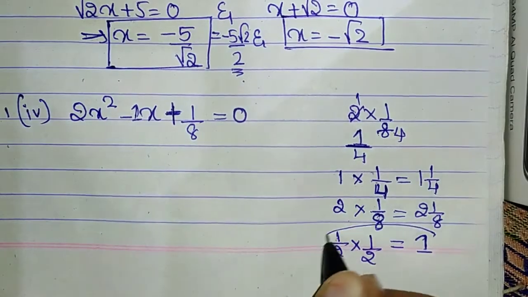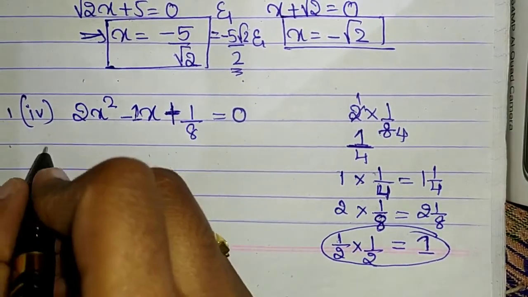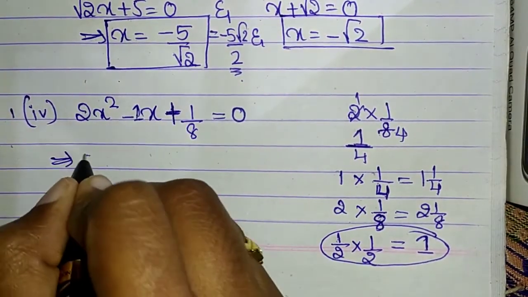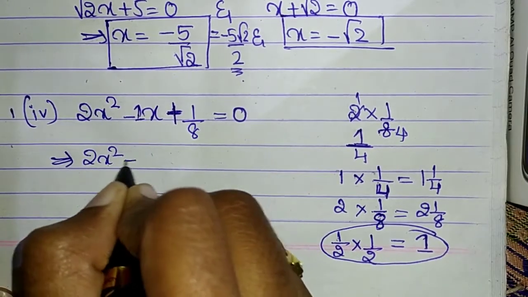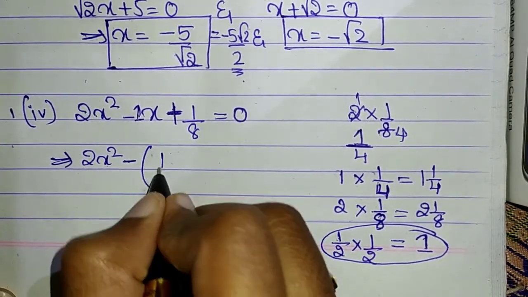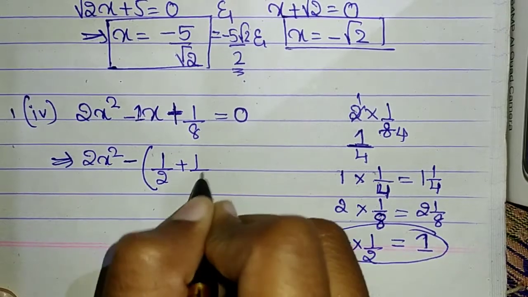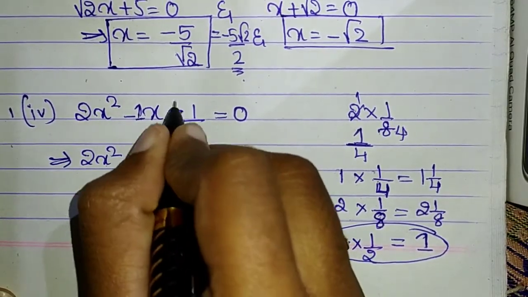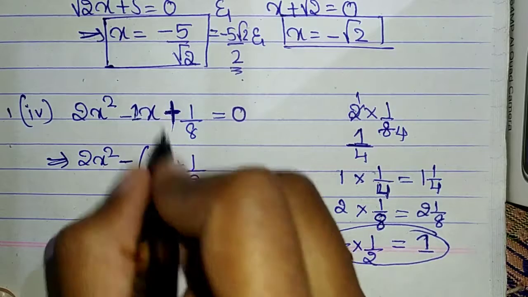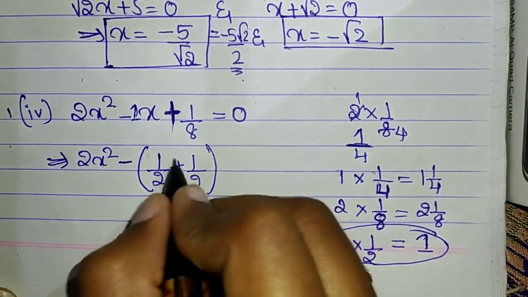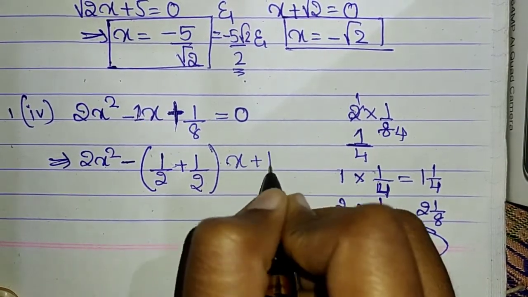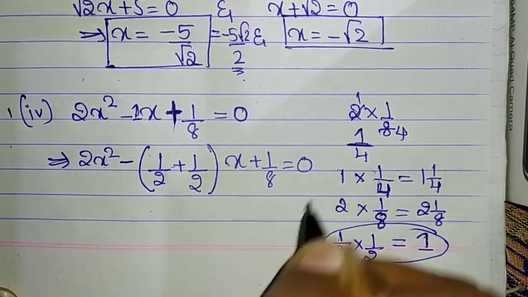So this is the required set of factors. So this implies 2x square minus, splitting 1 into half plus half. Here we are adding because of the sign or the operation before the third term. Half plus half x plus 1 by 8 is equal to 0.